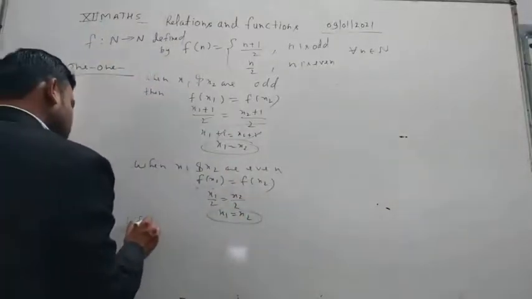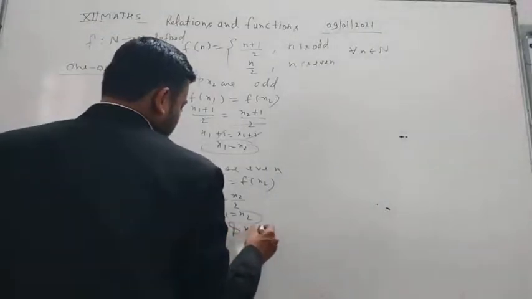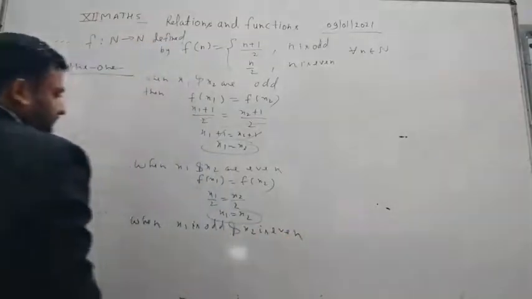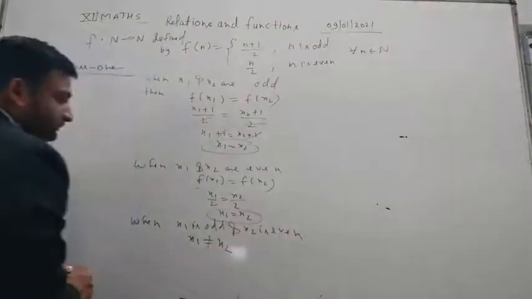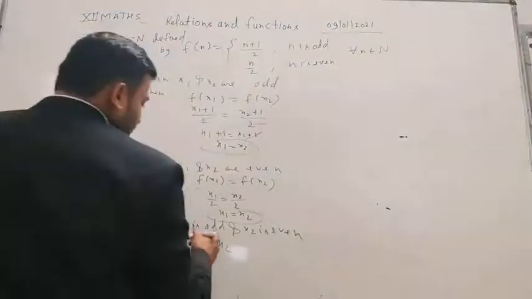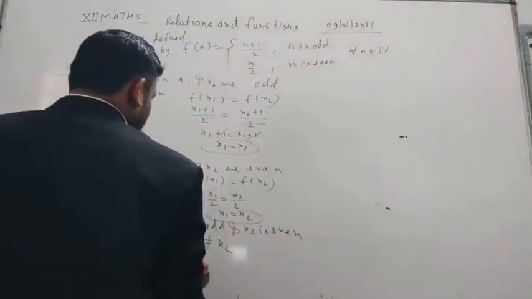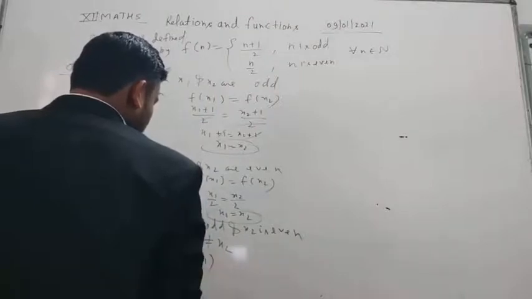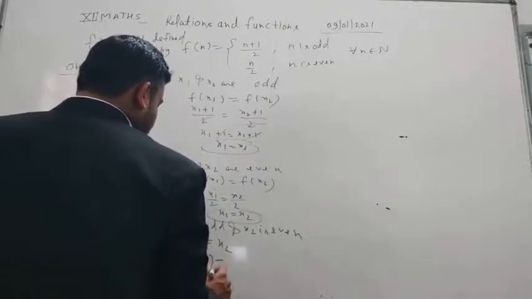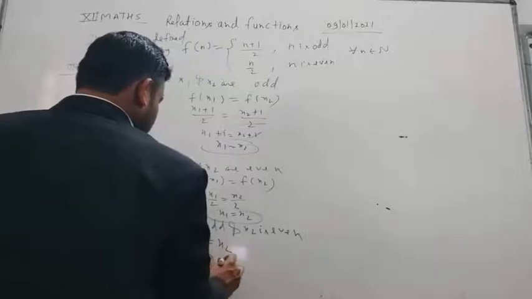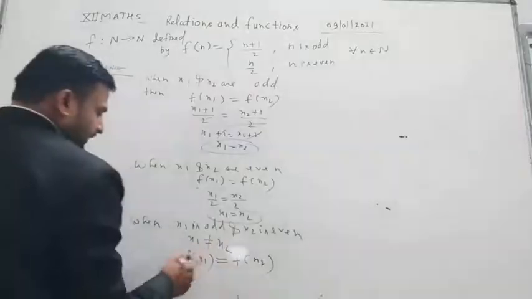Now when x1 is odd and x2 is even, we cannot say that x1 is not equal to x2 implies f(x1) is not equal to f(x2), because suppose we take an example in this case.